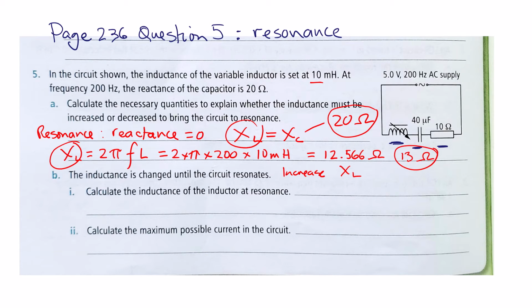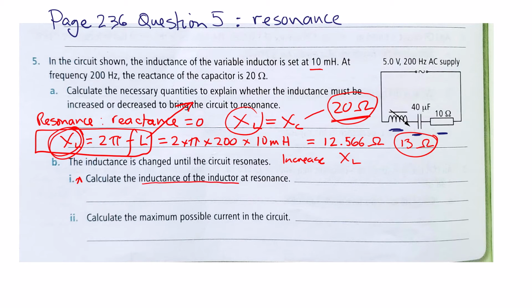And how do we increase the inductive reactance? By increasing the inductance. Increase inductance, we get increased reactance, and we should be able to increase it up until it's equivalent to the capacitive reactance.